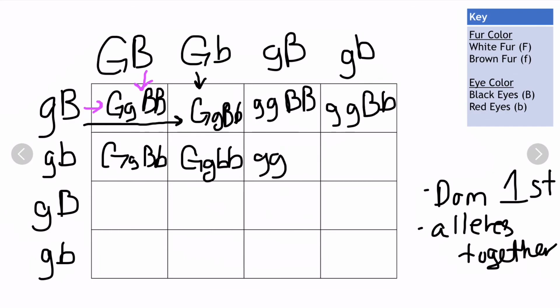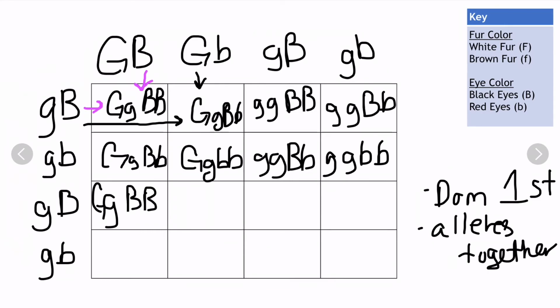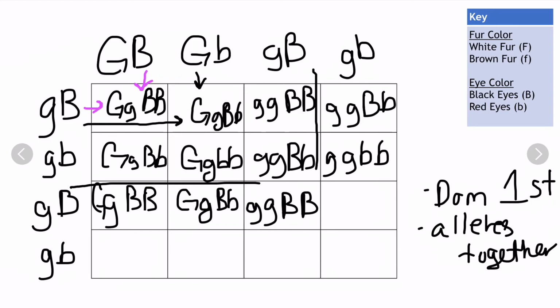Little g, big B, little b. Little g, little b, little b. Big G, big B, big B. Big G, big B, little b. Little g, big B, big B. And remember, I'm bringing them from the top, and I'm bringing them from the side. Okay, that's all I'm doing, top and side.